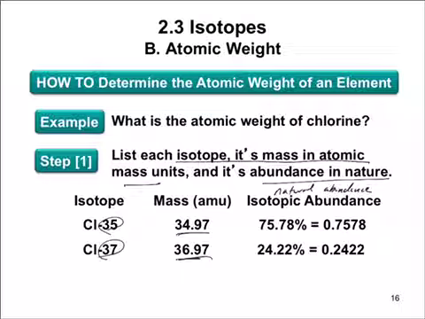So what we're going to do is take each of these masses and multiply by their percent abundance as a decimal. Okay? So how did I get that decimal? I took this number and divided by 100 because it's a percentage. That's what percent means, per 100. So 75.78 divided by 100 gives me 0.7578. 24.22 divided by 100 gives me 0.2422.